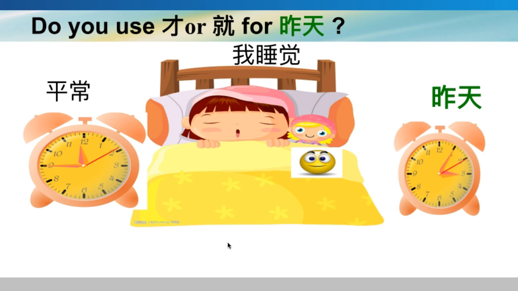In this case, I would use 才 because if you notice, the time she slept yesterday is later than expected, right? She usually 平常11点45就睡觉了，但是她昨天1点15才睡觉。I usually sleep as early as 11:45, 但是昨天 yesterday I went to sleep later than expected. I had only gone to sleep at 1:15.